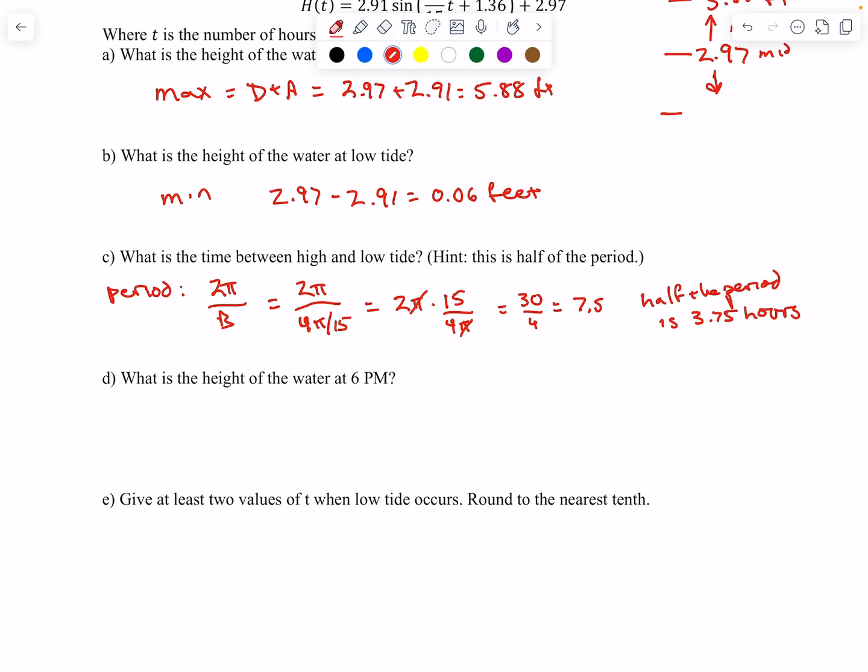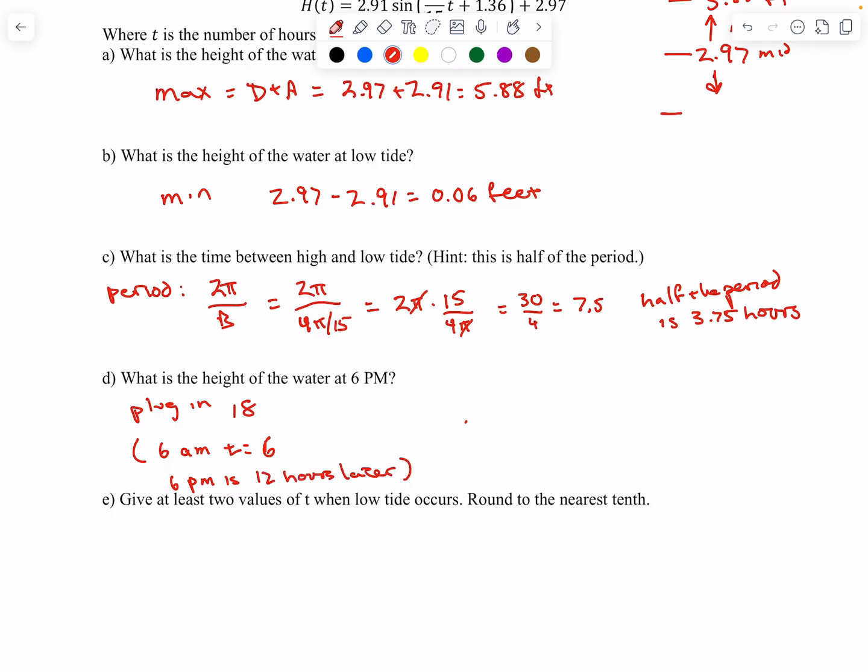Okay, at 6 p.m. we plug in 18. 6 a.m. is t is 6. Why did I write 8?